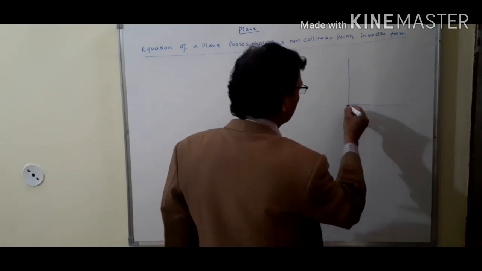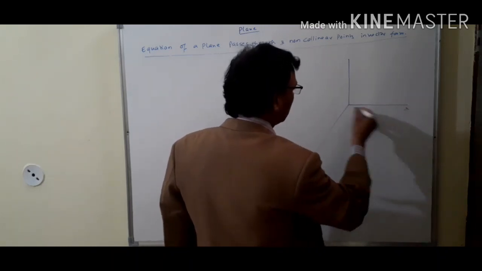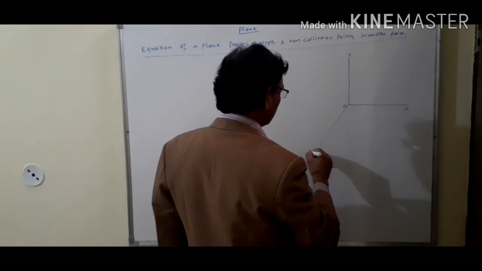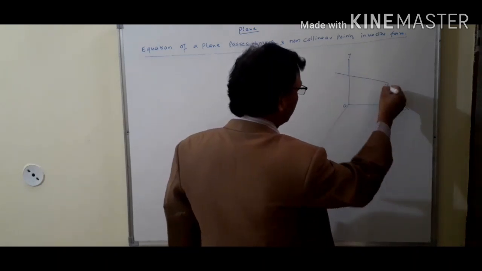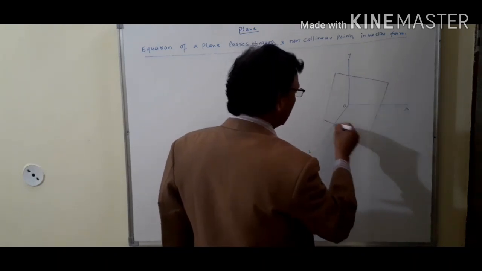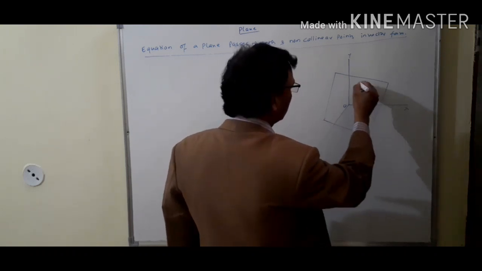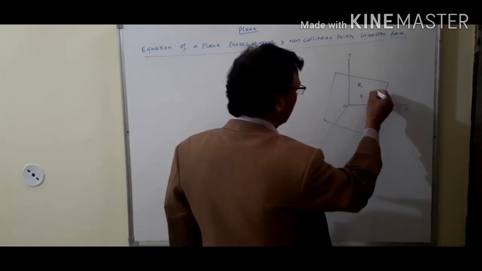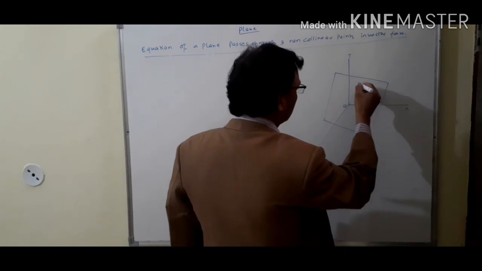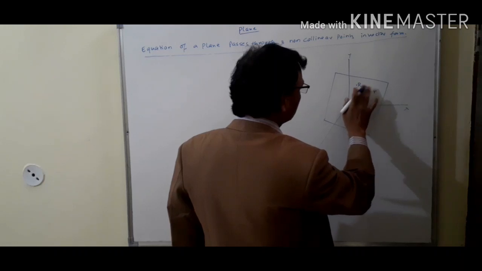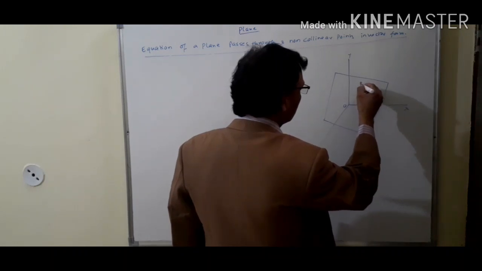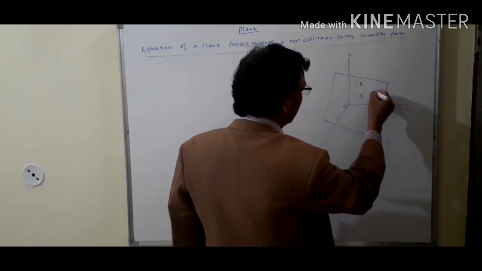suppose this is a plane, and this plane passes through three points, suppose R, S and T. These three points lie on this plane.